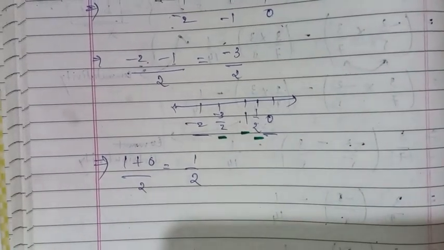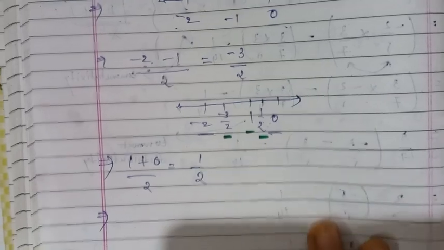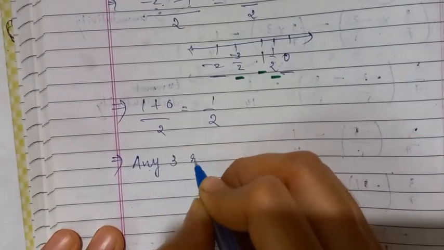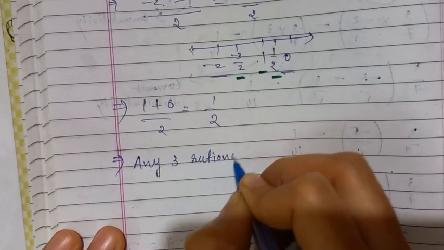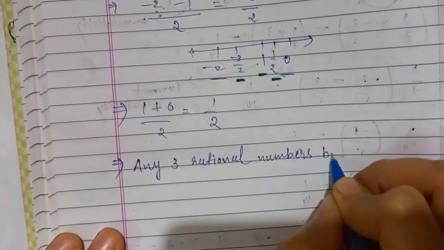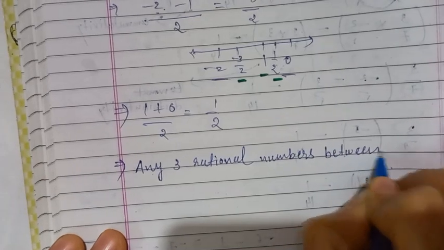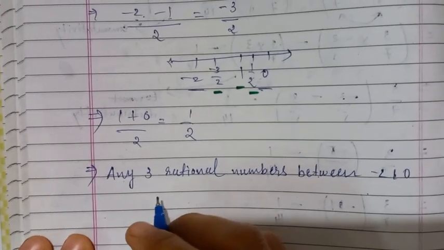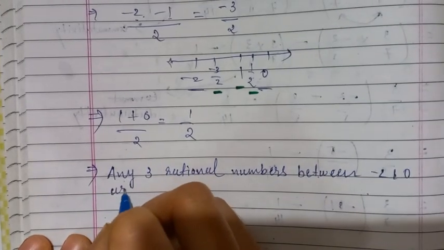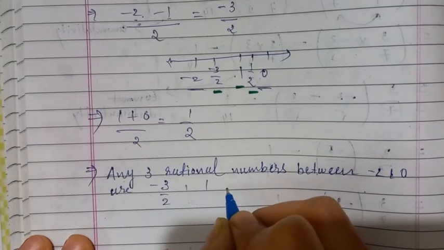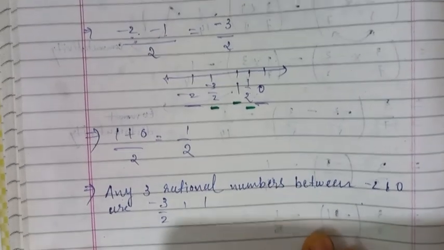So we can write finally that any three rational numbers between -2 and 0 are -3 by 2, -1, not 1.